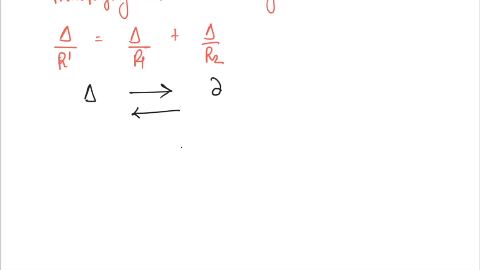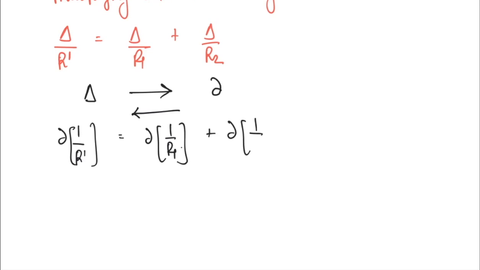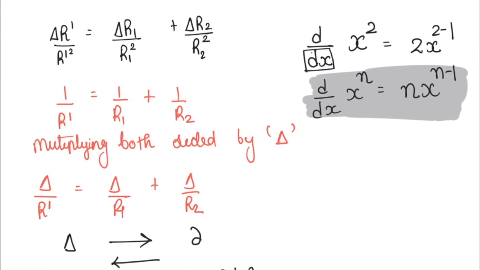From here we can write del of 1 upon r dash is equal to del of 1 upon r1 plus del of 1 upon r2. This del is the same as the d in the differentiation expression we saw earlier. If differentiation is partial, it is written as del, and if differentiation is normal, it is written as d, which you will learn in mathematics.